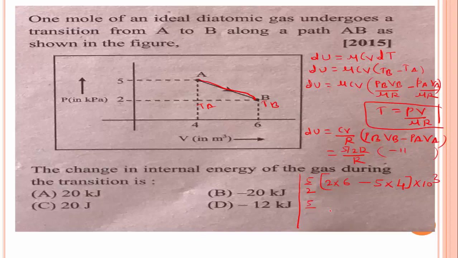Now we get 5 by 2 into 12 minus 20, into 10 to the power of 3. 12 minus 20 is minus 8 into 10 to the power of 3. 5 by 2 is 2.5. 2.5 into minus 8 gives minus 20 kilojoule. 10 to the power of 3 means kilo. The option B is the right answer.